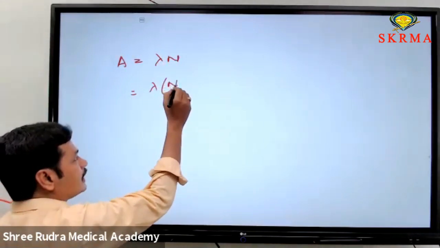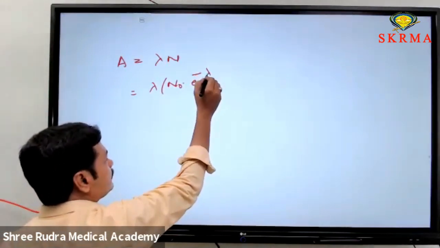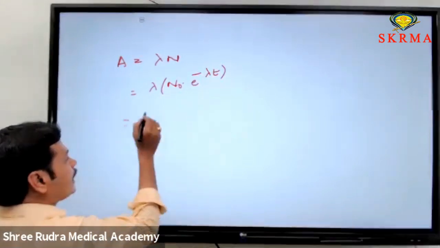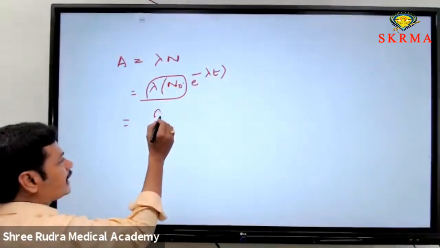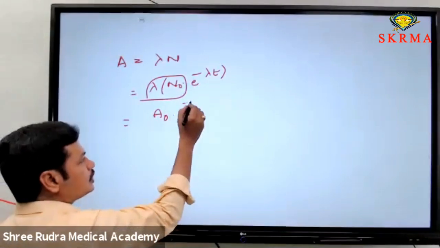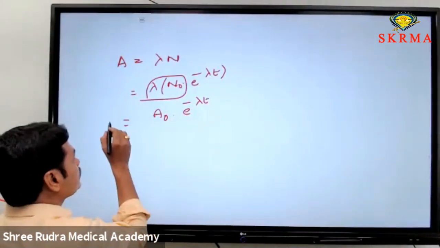N can be written as N0 into e power minus lambda t. Here the lambda N0 term represents the initial activity A0. So A equals A0 into e power minus lambda t. That is it.